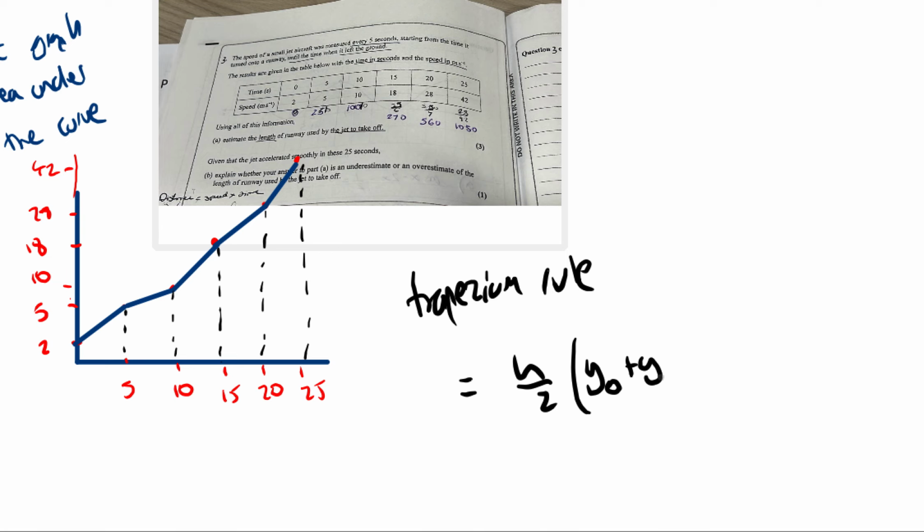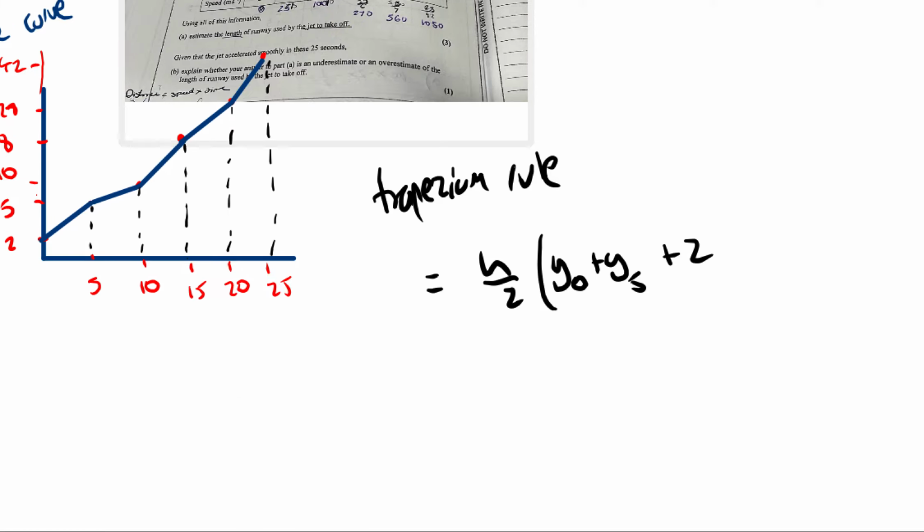So here, if we use the trapezium rule, it is h over 2 times y0 plus y5, plus 2 times y1 plus y2 plus y3 plus y4.